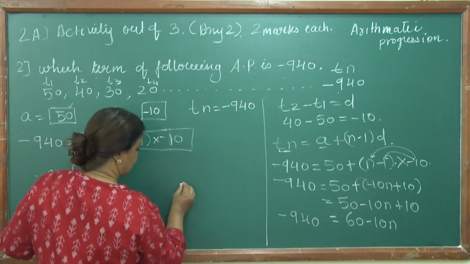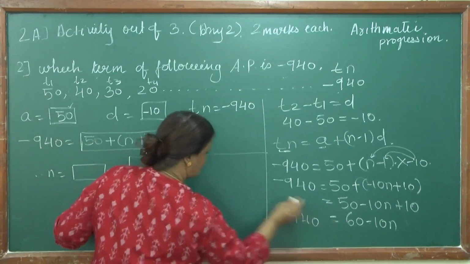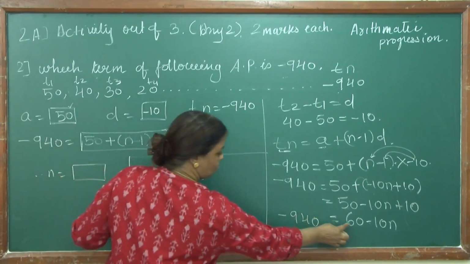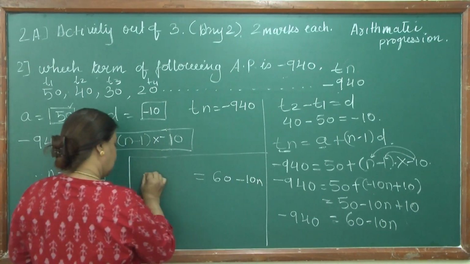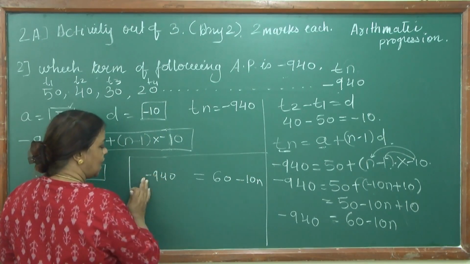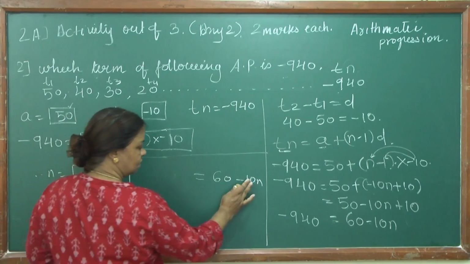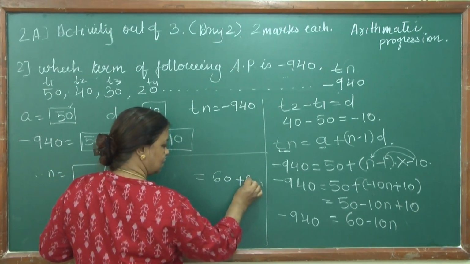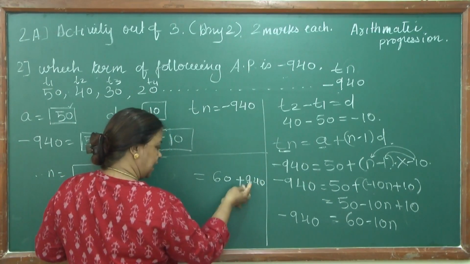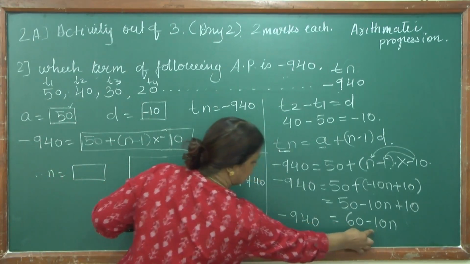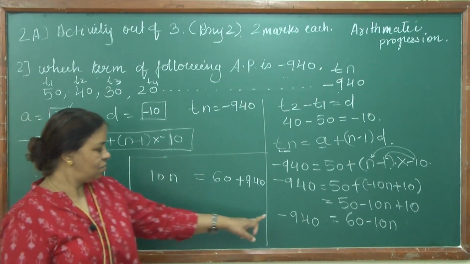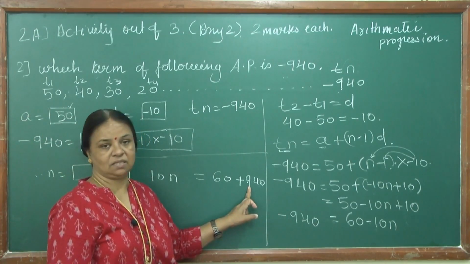This is equal in the middle. So 60, wherever it is, let me write again, minus 940. I am taking minus 940 here, it becomes plus 940, and minus 10n becomes plus 10n.